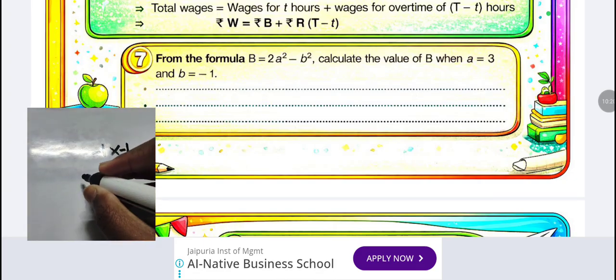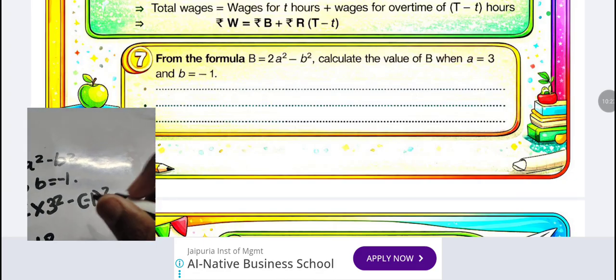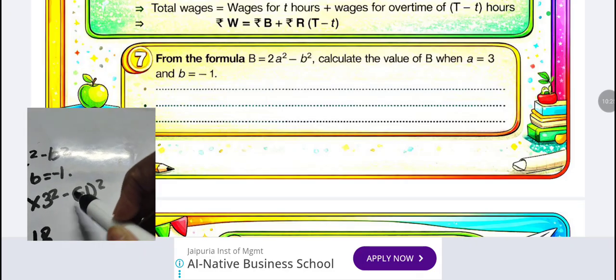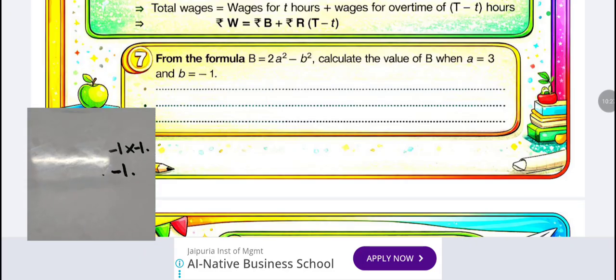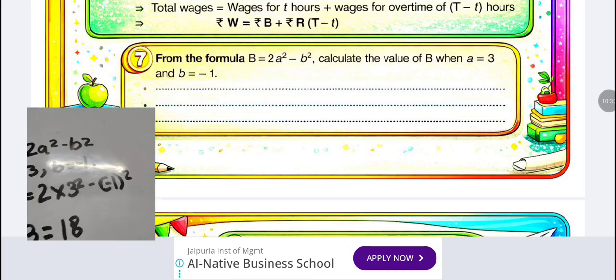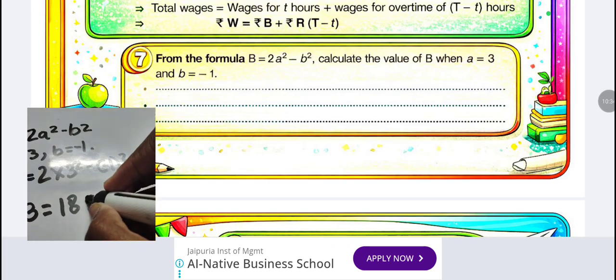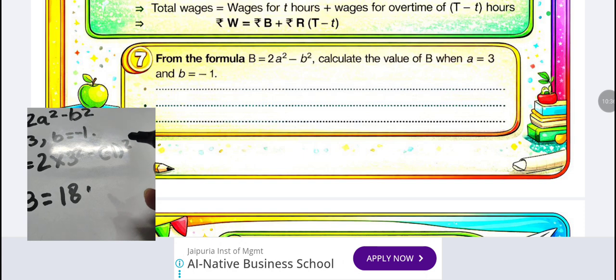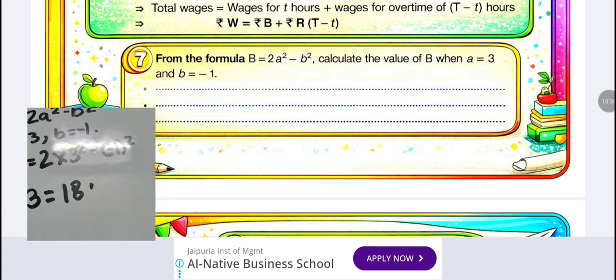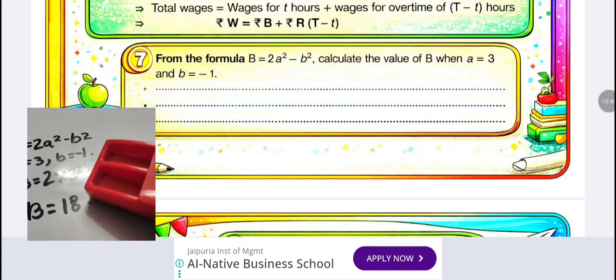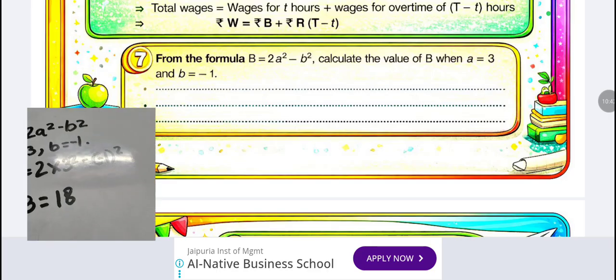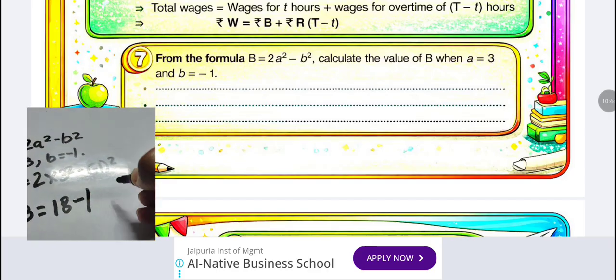Then minus minus is plus, so the sign will be plus. No, it will be minus. As I think, it will be minus.